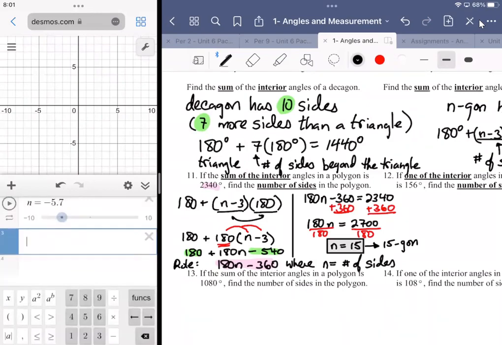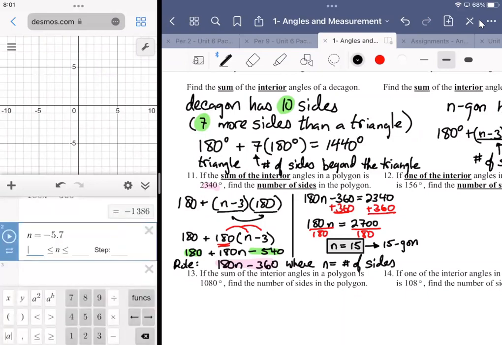When you have a slider, you see where it says negative 10, you just tap on that or click on it with your computer and make the low bound whatever you want. Now, in order to be a polygon, the lowest number of sides you can ever have is 3, because the definition of a polygon is a geometric figure with 3 or more sides that's enclosed. So a closed figure with 3 or more sides.